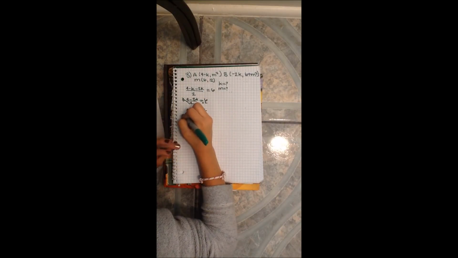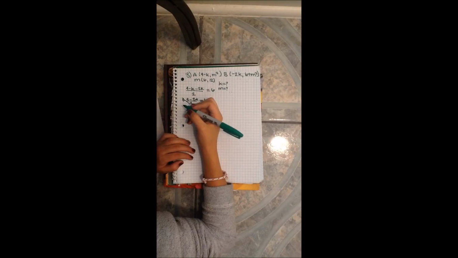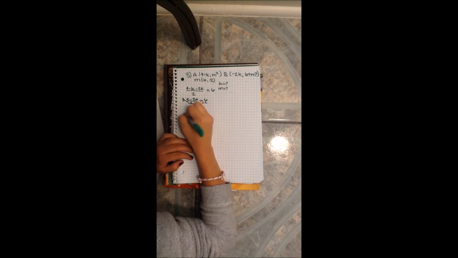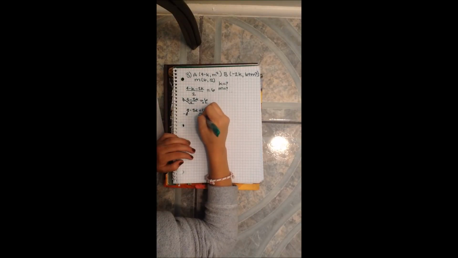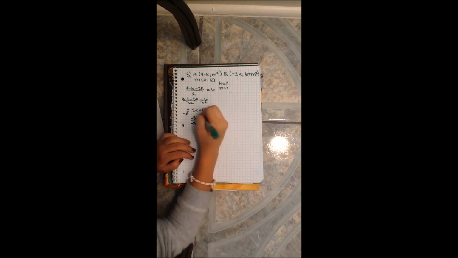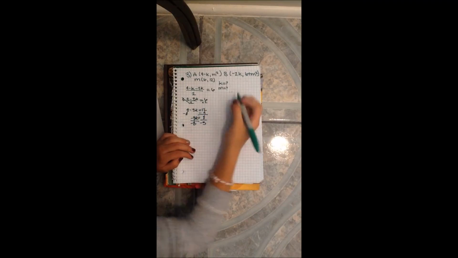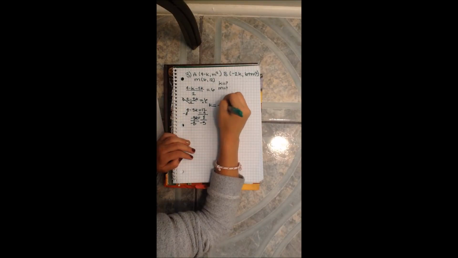Then subtract 4 to isolate the 3k. Minus 4, minus 4, you get 8 equals negative 3k. Divide by negative 3 to get your k. Divide the 8 by negative 3 as well. So your k would be negative 8 over 3.